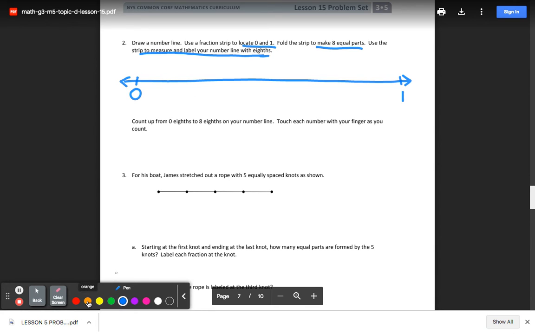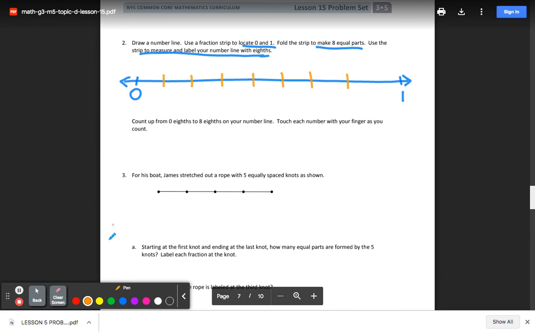Okay, so let's see. There's 1/8, 2, 3, 4/8, 5/8, 6/8, 7/8. This one's a little bit off kilter, but that's okay. And this would be 8/8.